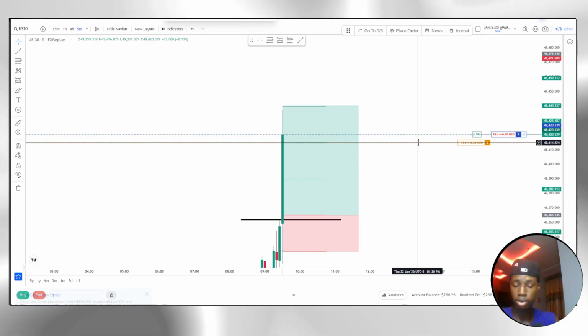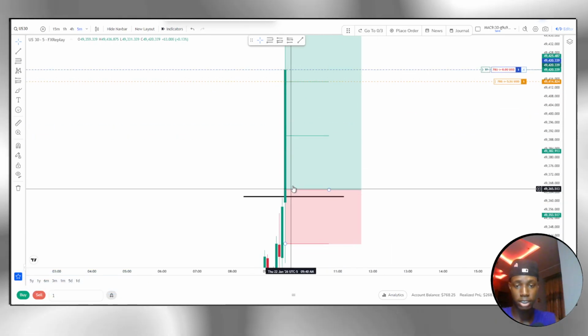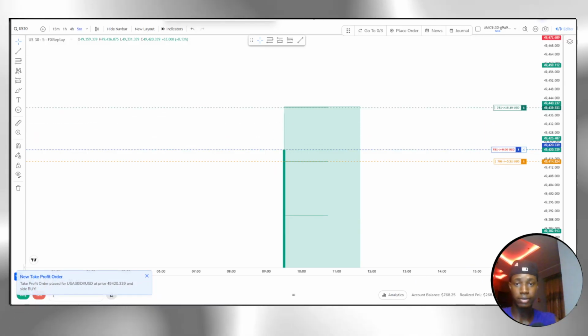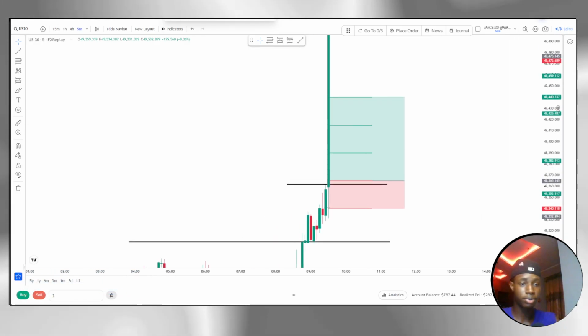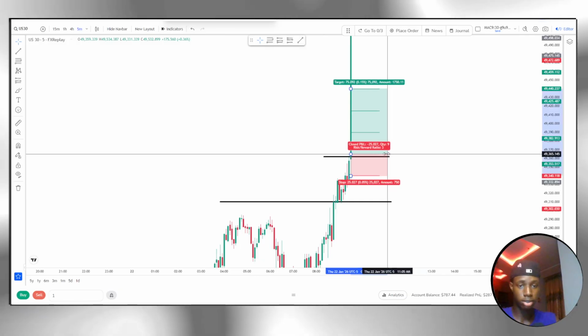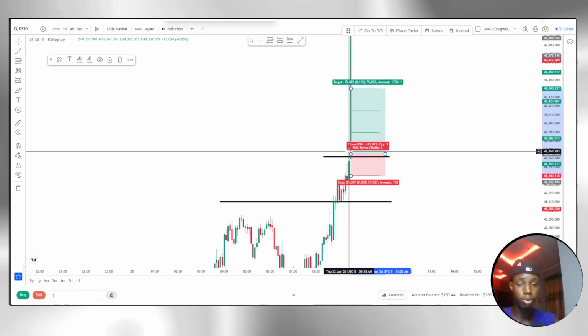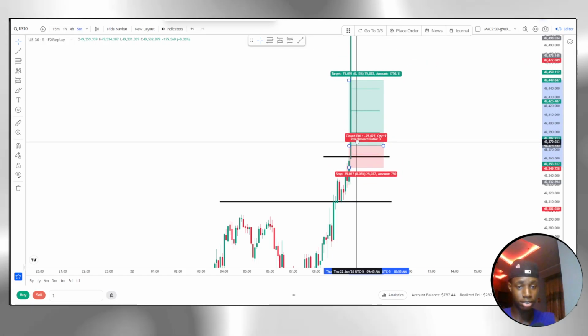Obviously, I'm not taking this trade. This is not what I would do in real life. I would have taken my trade here, obviously. I'm just trying to see if I can squeeze in some profit. Yeah, so we did squeeze in some profit. That's not what you should be doing in a real life situation. In real life, put this level here wherever you actually take the trade.